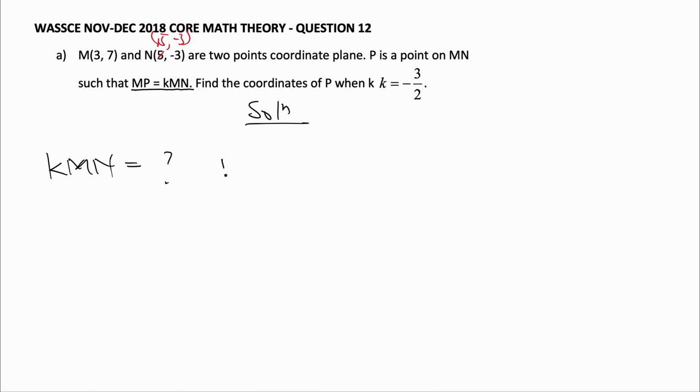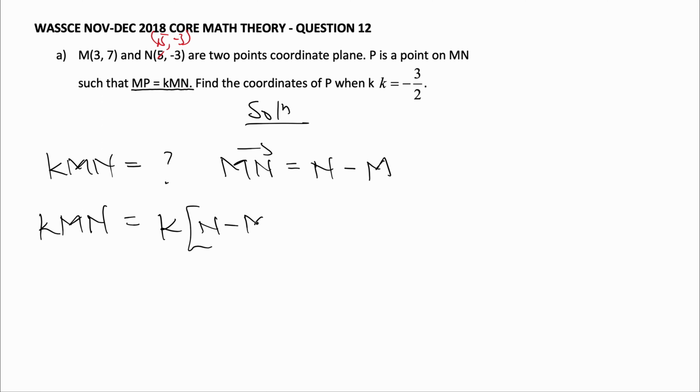We know that MN is equal to N minus M. So kMN will be equal to k multiplying N minus M, which is -3/2, since our k is -3/2, times our N, which is (15, -3), minus our M, which is (3, 7).